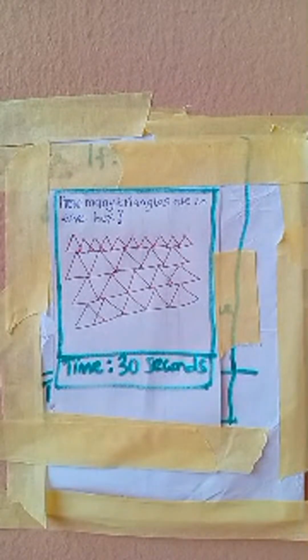So the answer to that particular question is 25. I'll flip the camera now to show you the wall so that we'll count together. So there are 25 triangles. Count with me.